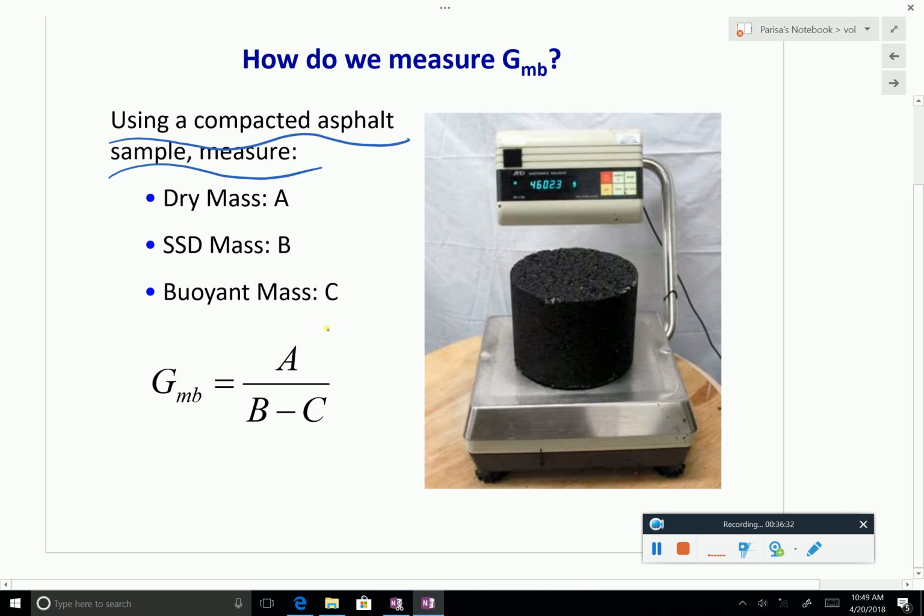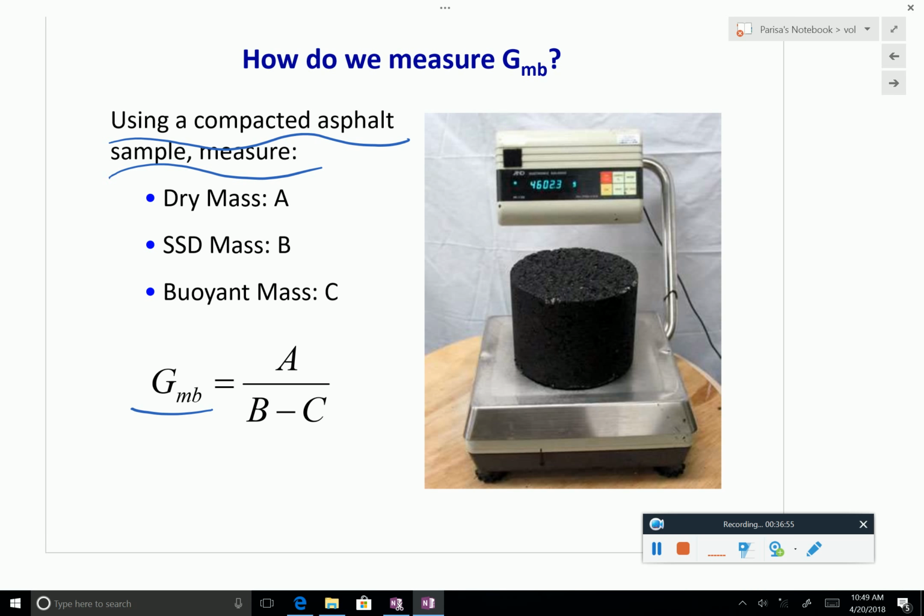So you use the dry mass, and SSD mass means you put it into water and make sure that it gets saturated, and buoyant mass. So if you measure these three, then this is how in the lab you would measure the bulk specific gravity of the mix.